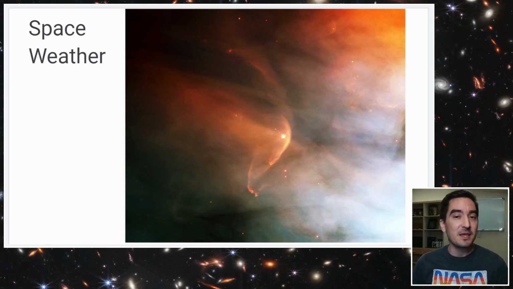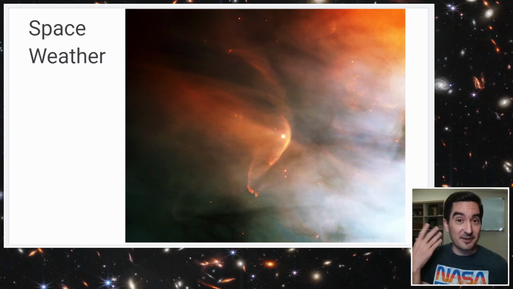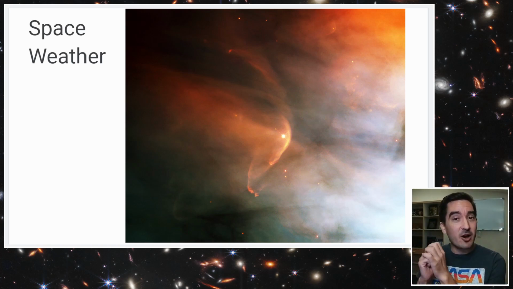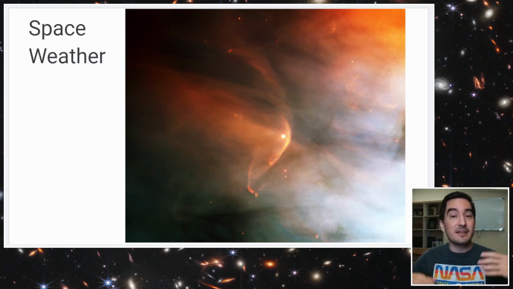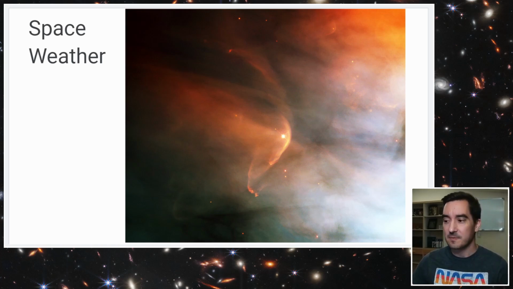So next time, we can talk a little bit about space weather and what the heck is this picture? Well, quick answer, I'll give you the short answer, is that stars shoot out energy and that pushes stuff around. It's called wind in space. So solar wind, crazy stuff. So next time we can talk a little bit about space weather, okay?